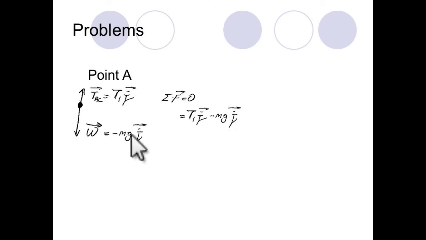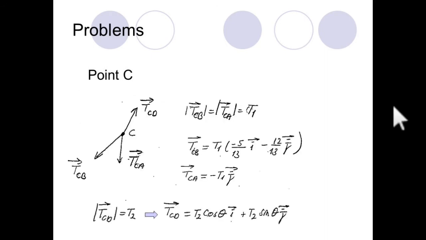It's minus because it's downwards. At point A, the sum of the forces has to be equal to 0, which gives us T1 j minus mg j equals 0. Okay, this is our first equilibrium equation. Let's continue further.